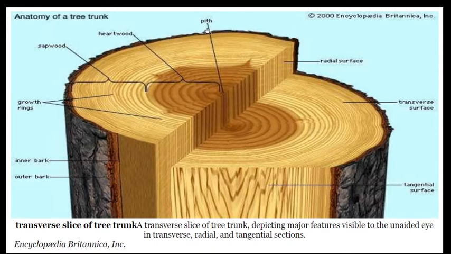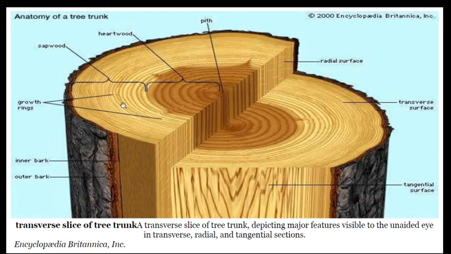This is the pith, and away from the pith, above the pith, there is the heartwood, which is darker in color, and at the periphery of the heartwood there is the sapwood, which is lighter in shade, while this grey to brownish color is nothing but the inner bark and outer bark. All over this surface there is a presence of light and dark shaded rings.